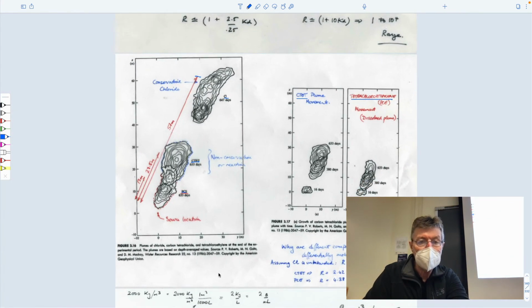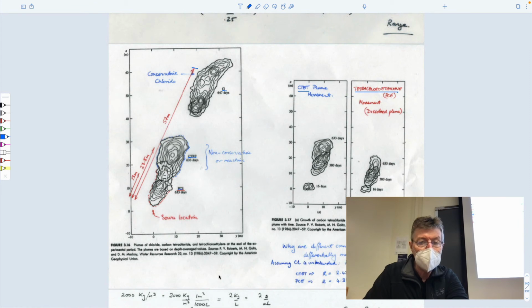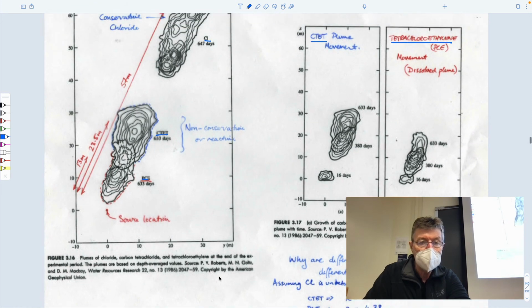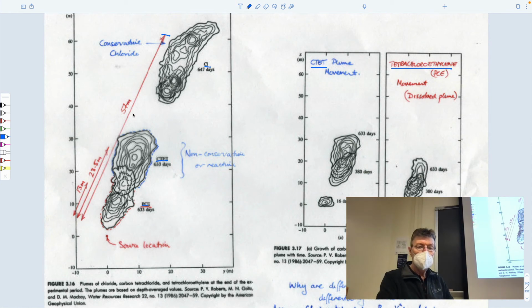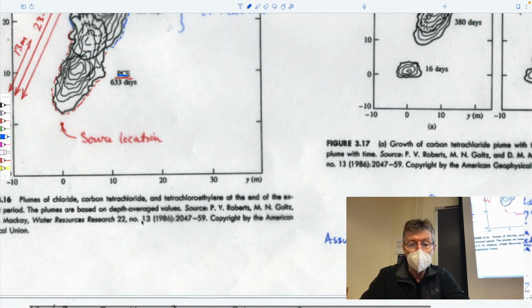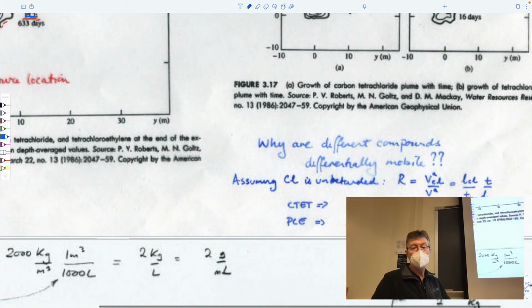So if you take the ratio of 57 meters and divide it by 23.5 meters, that's the retardation coefficient for carbon tetrachloride relative to the conservative tracer. Chloride's conservative. If you take 57 and divide it by 13, that's the retardation factor for the PCE. And so we can define exactly what those are. The ratios are roughly 2 to 1 and 4 to 1.